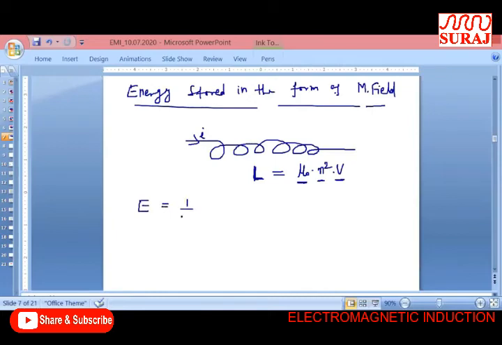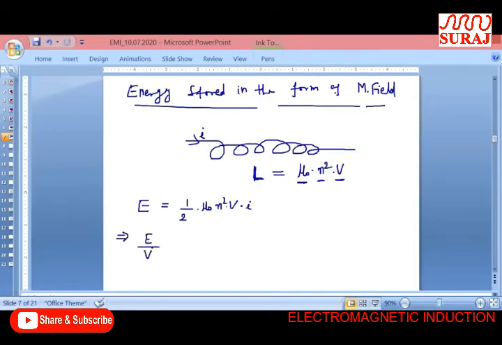So the energy stored E, I will write, is half mu naught N square V into I square.